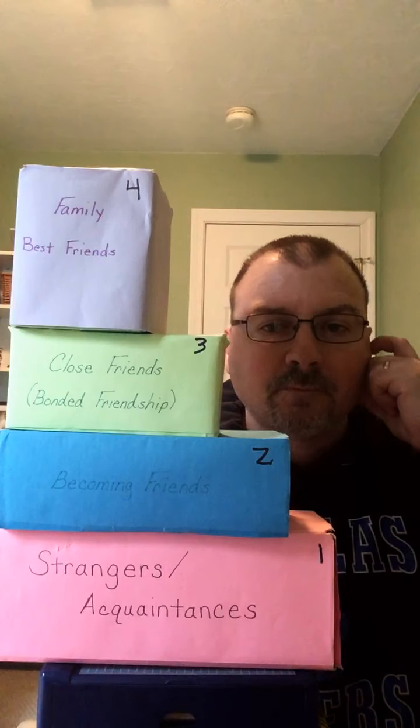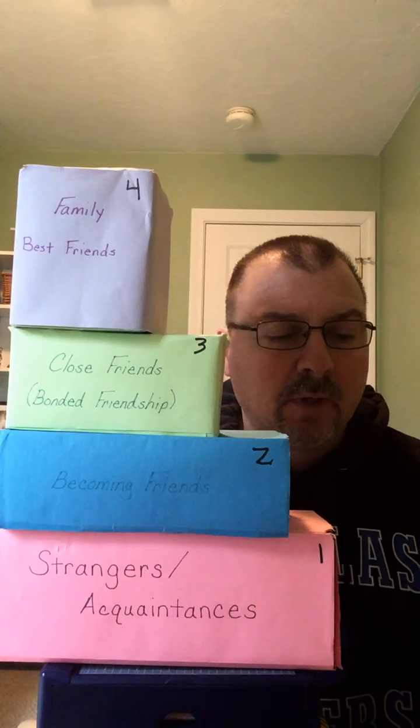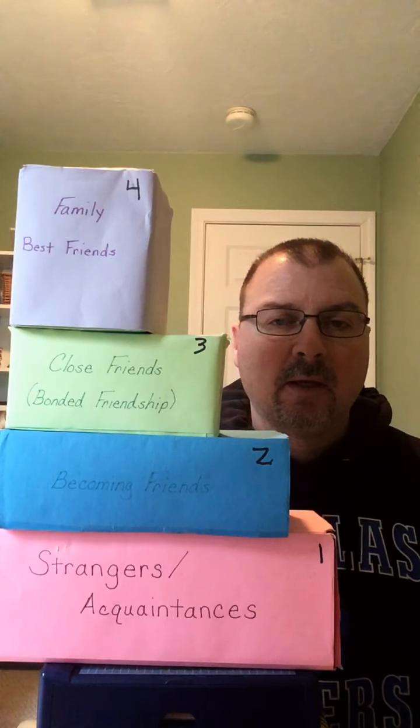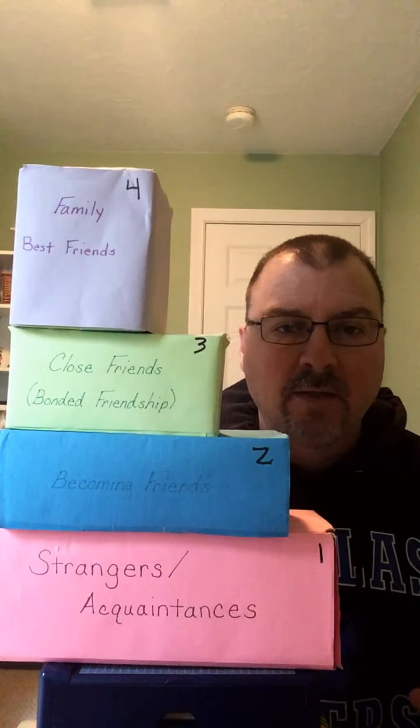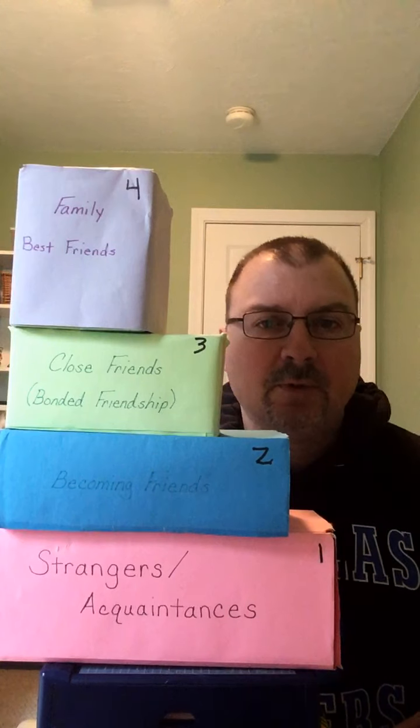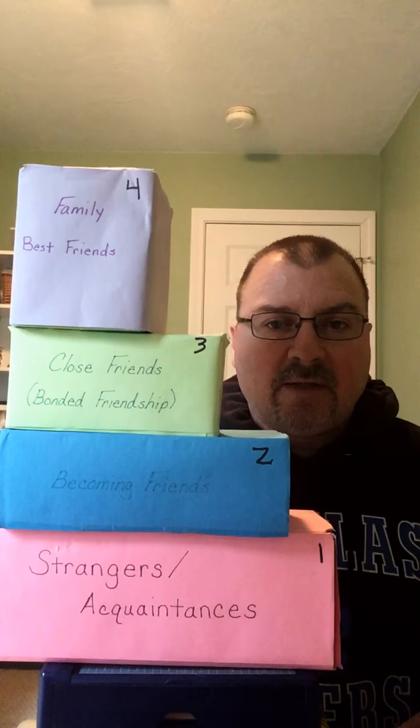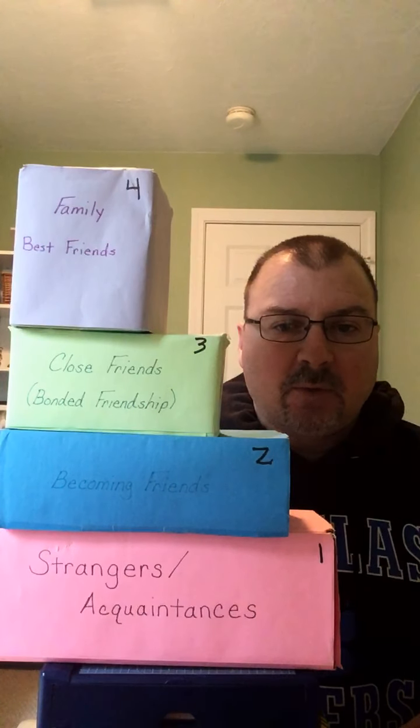All right. Well, hopefully by now you have something to write with and a piece of paper. If you don't have that, not a big deal. You won't be able to write things down at the end of this activity, but that's okay.